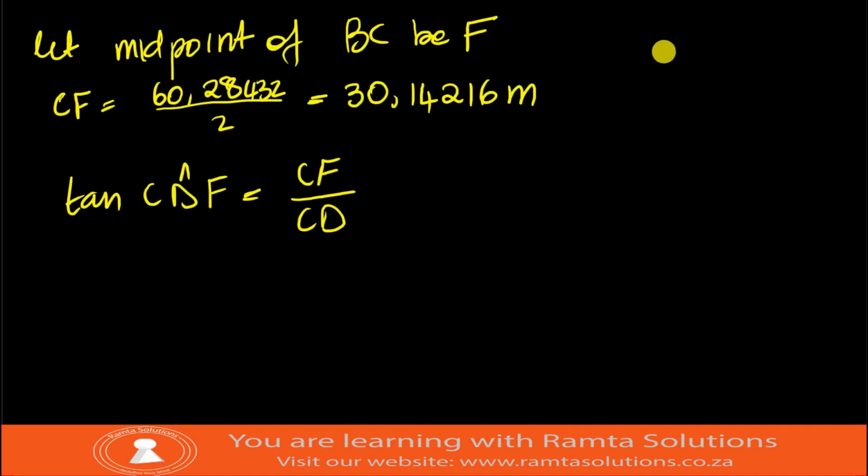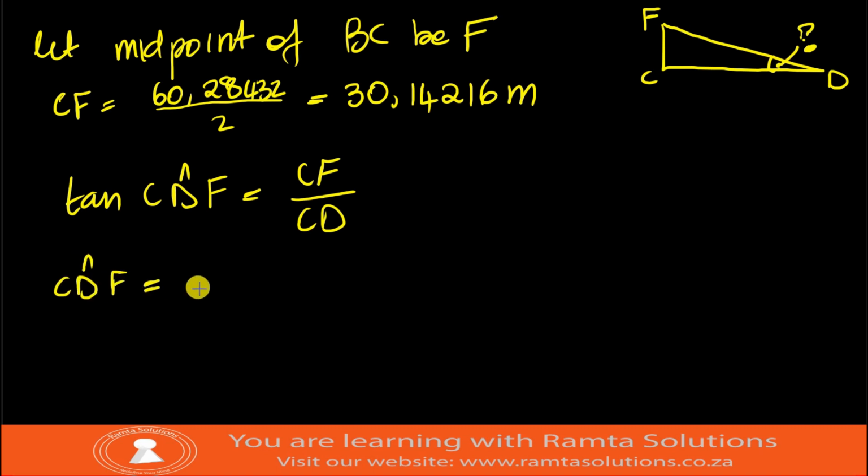If maybe this confuses you, we are saying this and this. We are looking for this angle here. So without any waste of time, this is basically tan to the minus 1 of CF over CD.